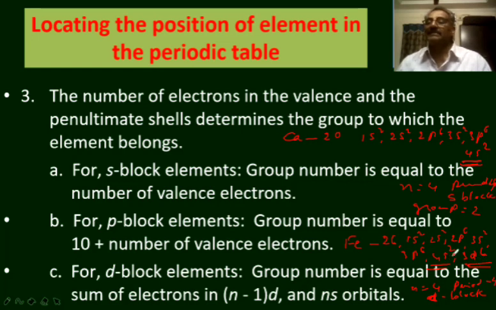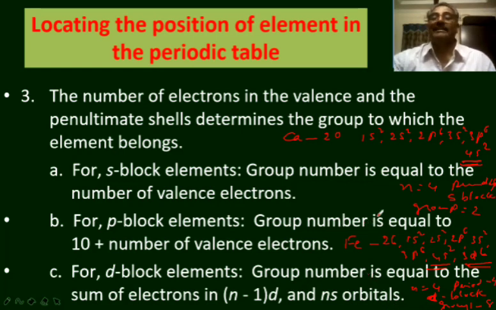There are 2 electrons in the ns shell and 6 electrons in the n-1 d shell. So the total is 2 plus 6, that is equal to 8. So group number is 8. So iron belongs to the 8th group and 4th period in the periodic table.